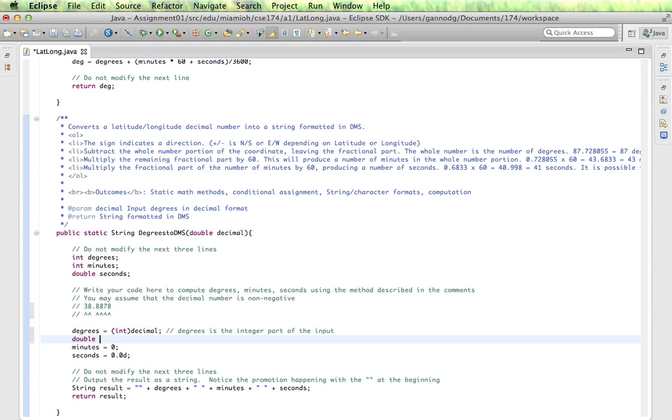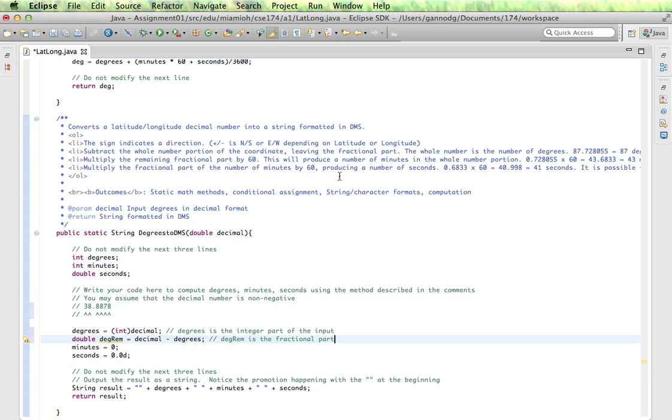I'm going to call this degree remainder, DEG, and very simply just subtract the integer part, so this 38, from the original number, which is decimal. So I'm going to do this, decimal minus degrees. What this leaves me with then is that degree remainder is the fractional part.